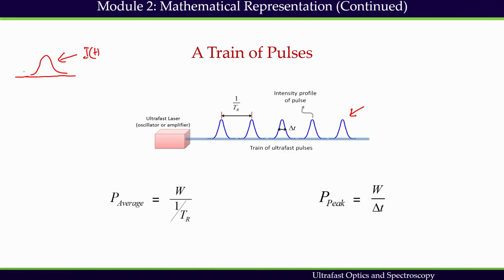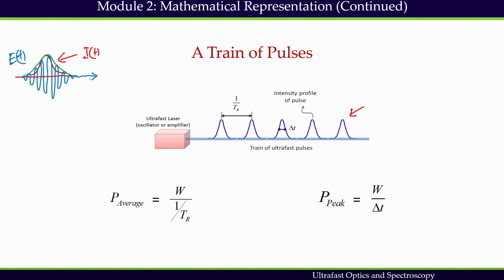This is the field envelope, and then the carrier wave would look like this. So when we quickly represent a pulse, we do not show all these oscillations. Generally we just show the intensity profile, and we should not get confused by looking at different representations.